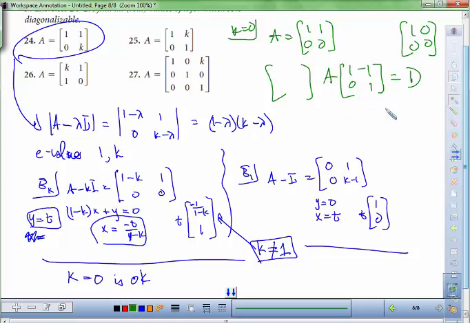Because the determinant's not equal to 0. What's the inverse of this, real quick? 1 over the determinant, and then you switch the diagonals and negate the off-diagonals. Yeah, so it'll work.